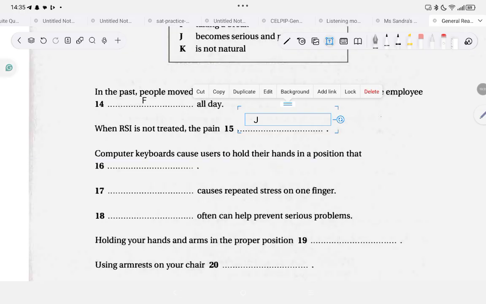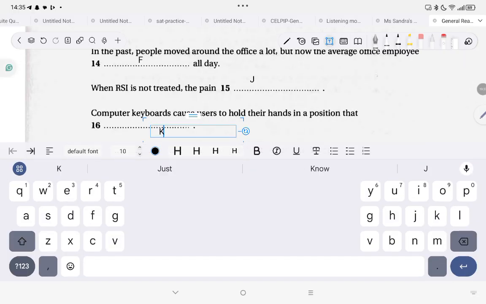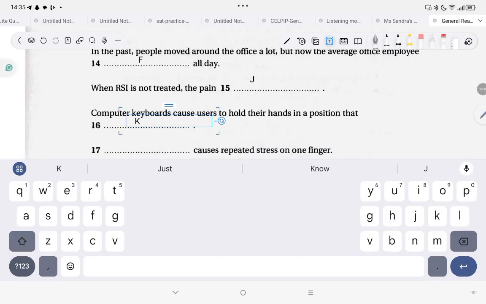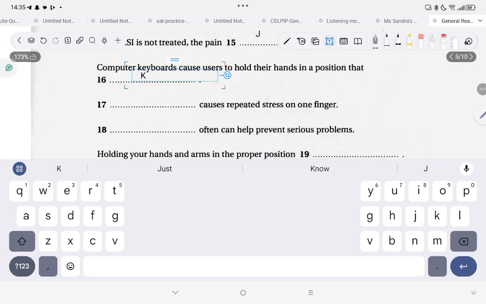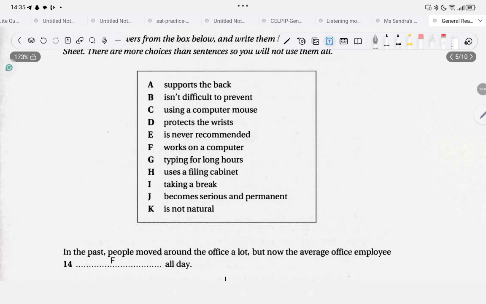Computer keyboards cause users to hold their hands in a position that is unnatural. That's easy. K. Dash causes repeated stress on one finger. That should be a mouse, but let's just check.